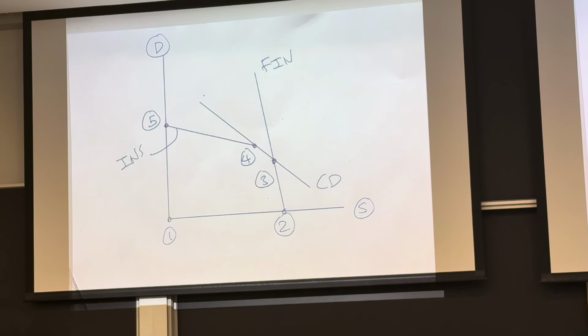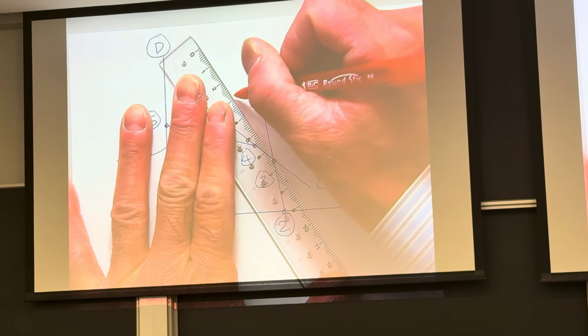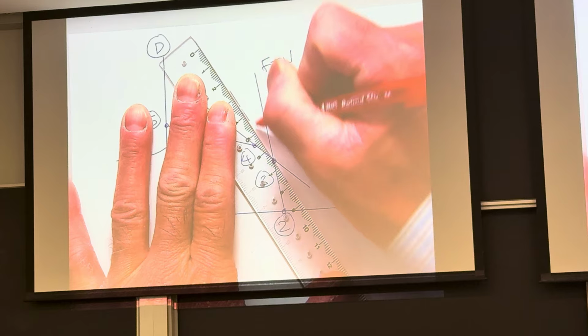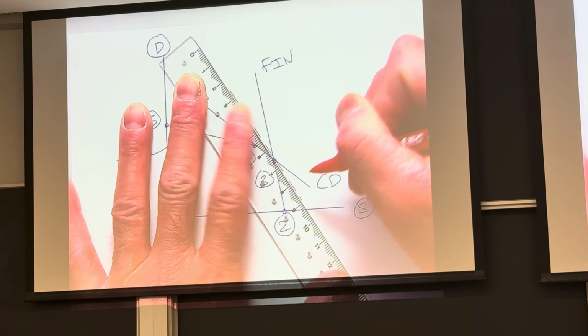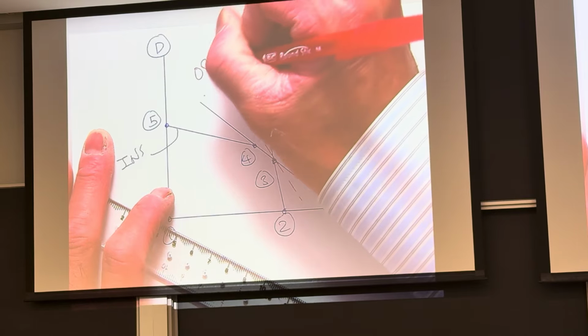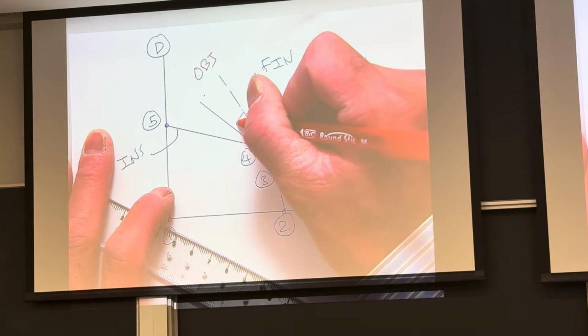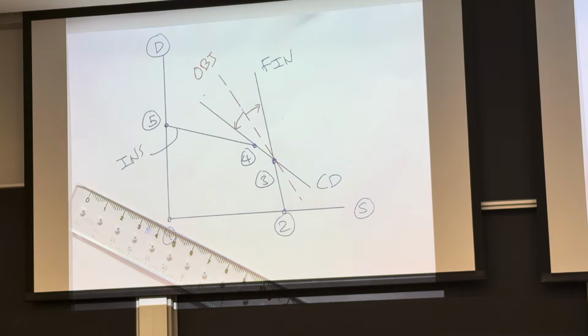And then I have my objective line passing through 3. As I indicated, as long as it's not tilting out of that zone, then point 3 is optimal.